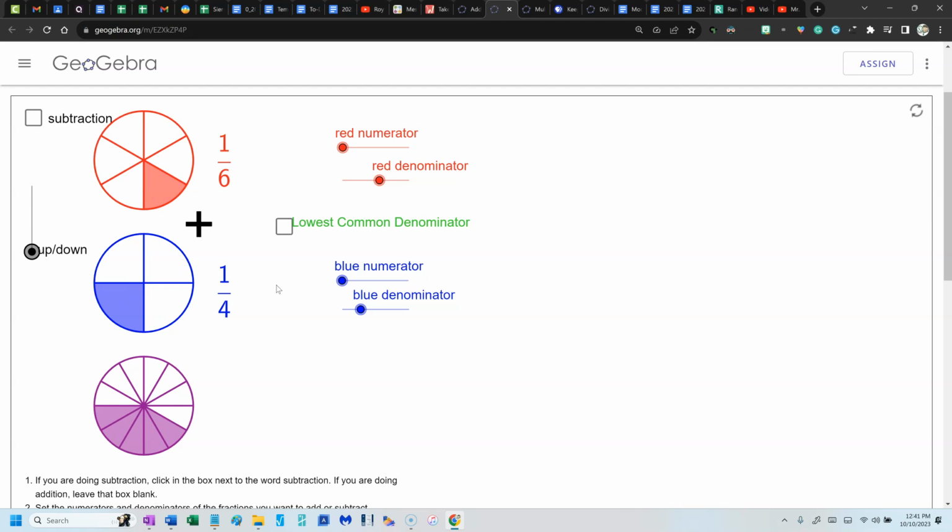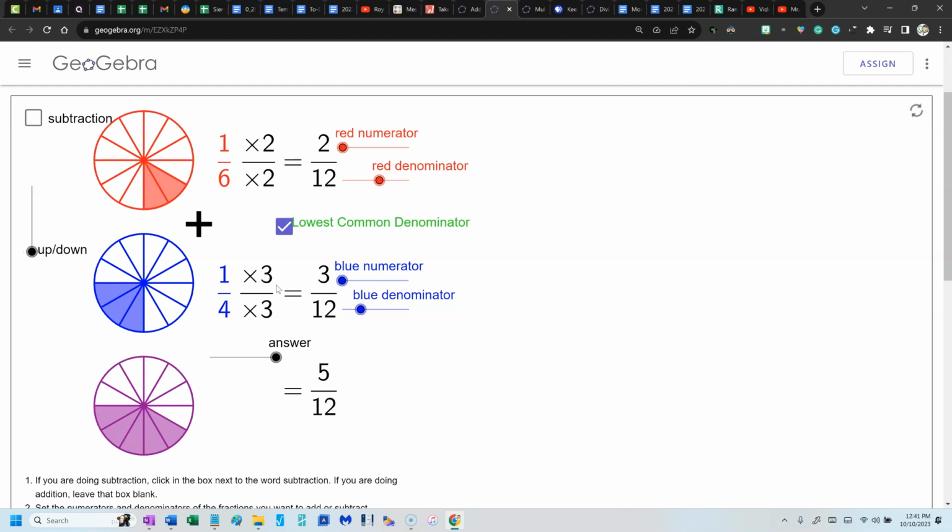When we make them into smaller sizes, like 12s, then it makes sense. So we need to multiply so that we get 12s on the bottom.